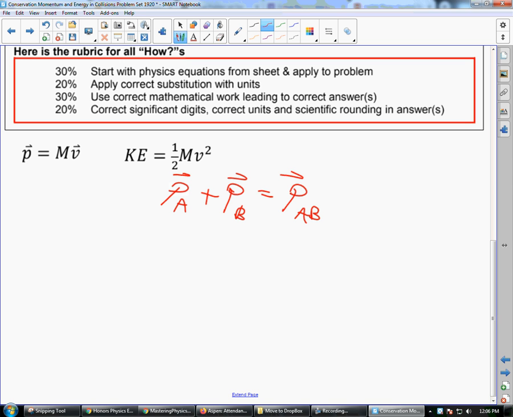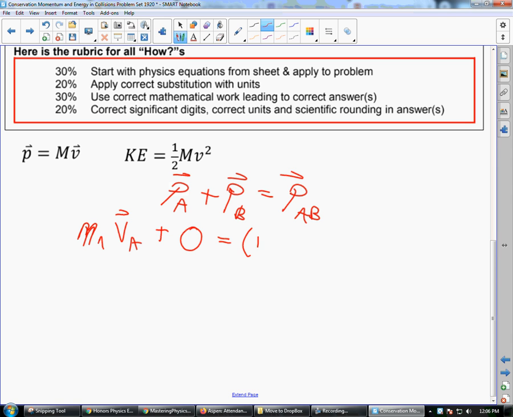And now I can substitute in the mass of A, the velocity of A, plus, what's the momentum of B before the collision? 0.